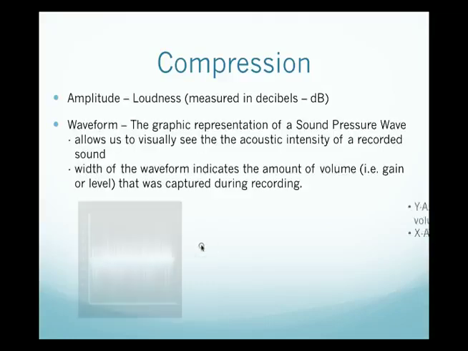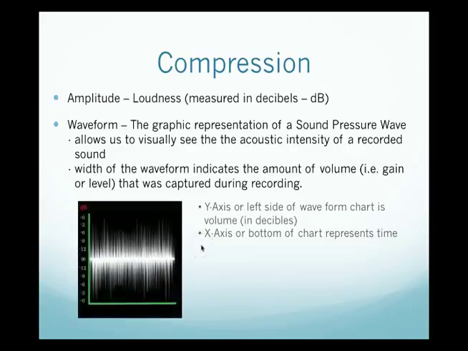Now, the waveform, as you can see below, is the graphic representation of a sound pressure wave. And these waveforms allow us to visually see the acoustic intensity of a recorded sound. So we can see how intense it is, how loud it is.